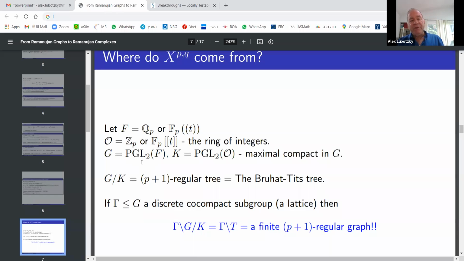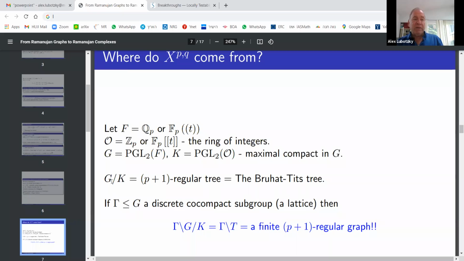Let G be the p-adic Lie group PGL_2(F), and K the maximal compact subgroup, which is PGL_2(O). And let's look at the symmetric space, right? Just like we are used to doing over the real numbers, G mod K, the simple Lie group divided by a maximal compact subgroup, gives us a symmetric space.